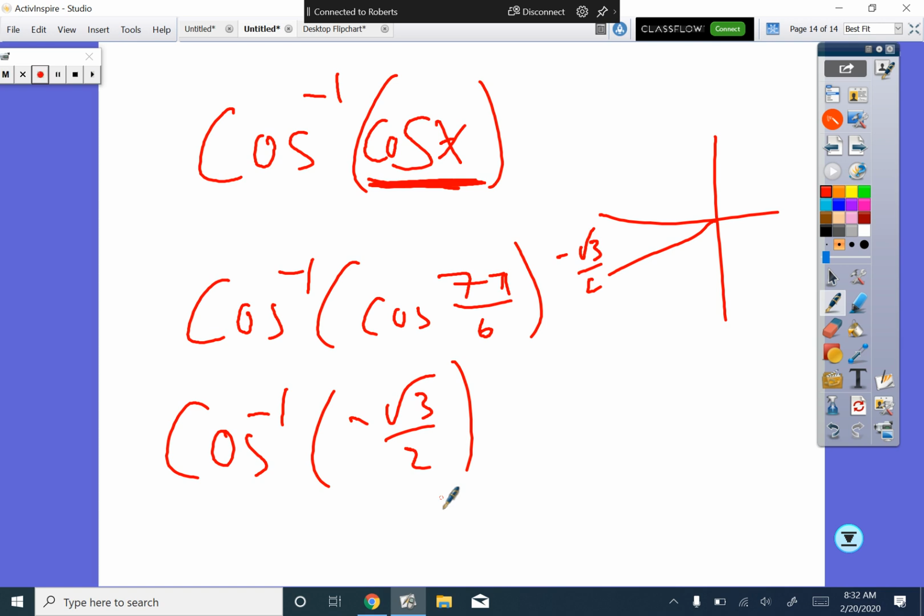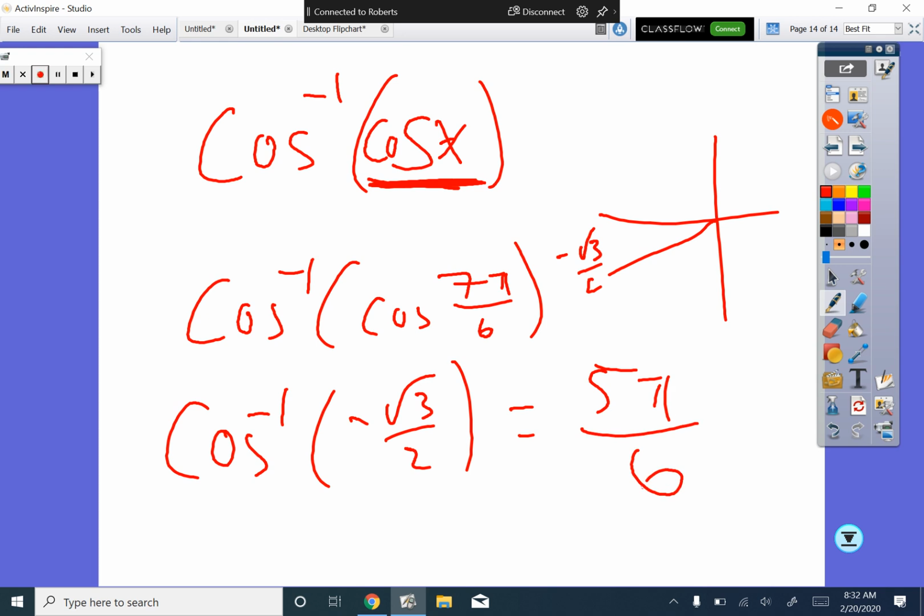But is 7 pi 6 within its restrictions? No. Remember what our restrictions are? Our angle has to be between 0 and pi, right? So who is also an angle that gives me negative root 3 over 2 that's within 0 and pi? 5 pi 6.